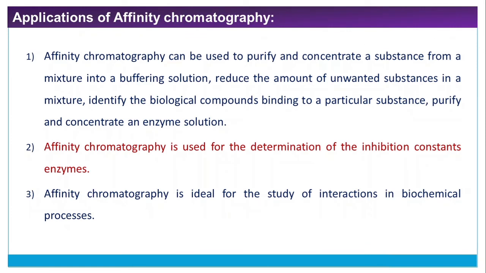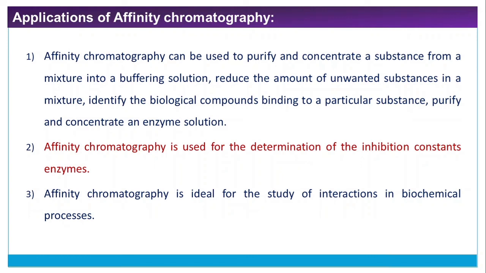Now what are the applications of affinity chromatography? Affinity chromatography can be used to purify and concentrate a substance from the mixture into a buffering solution, reduce the amount of unwanted substances in the mixture, identify the biological compounds binding to a particular substance, and purify and concentrate the enzyme solution.